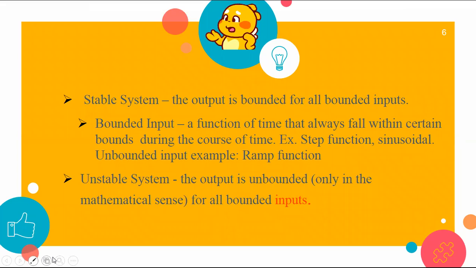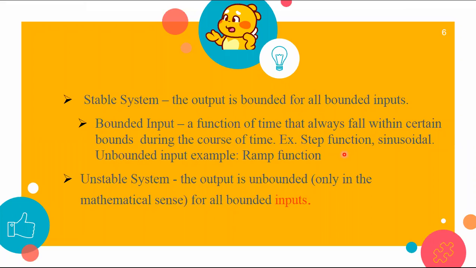So there has to be a certain range in which the output of the system is expected to stay. Then we ask ourselves what we will consider a bounded input among the different inputs that you have learned already. The bounded inputs are those that will fall within a certain range of value or bounds over the course of time.